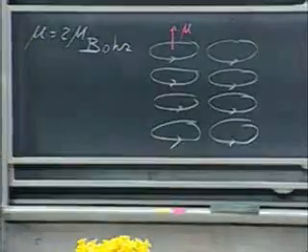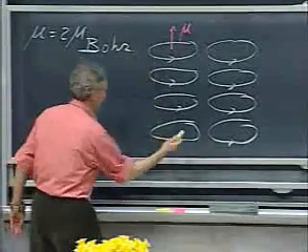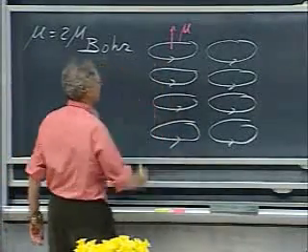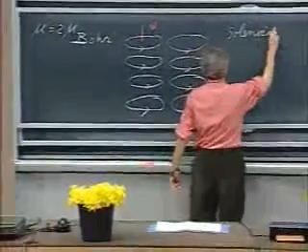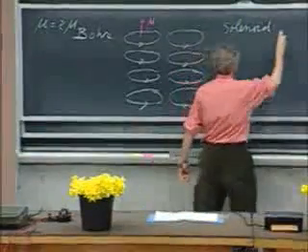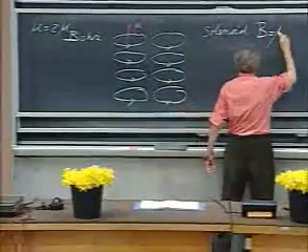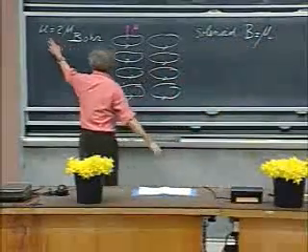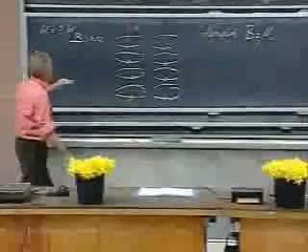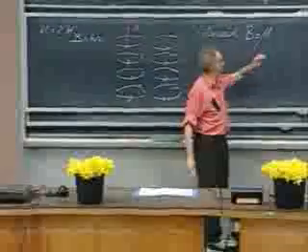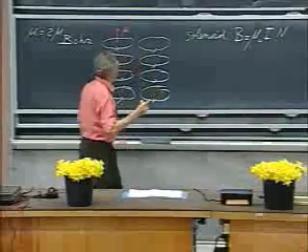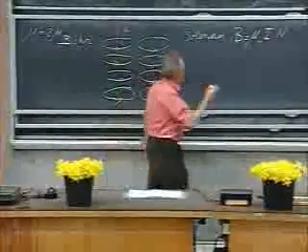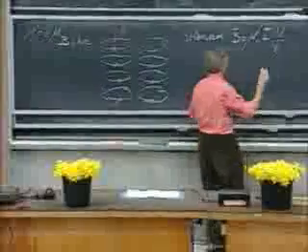Well, that's an easy calculation, because this really looks like a solenoid, like you have windings, and you have a current going around. And you remember, or should remember, that if we run a current through a solenoid, the magnetic field in the solenoid is mu0, the famous 4 pi times 10 to the minus 7, times the current I, times N, the number of windings in the solenoid, divided by L, which is the length of the solenoid.